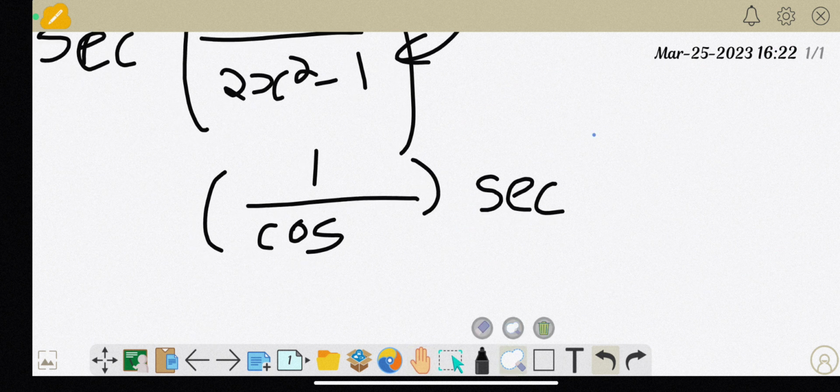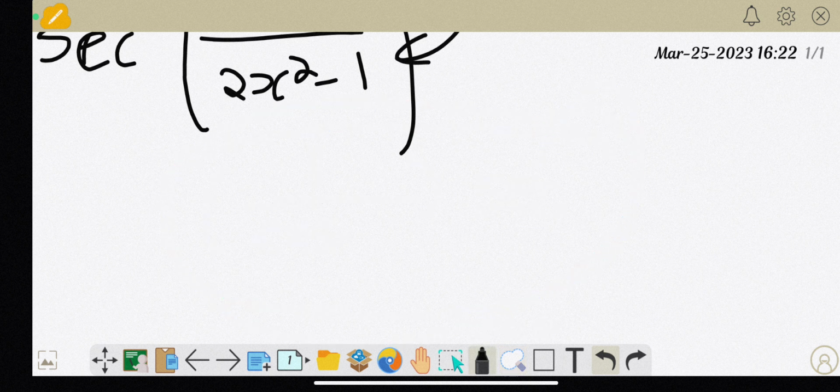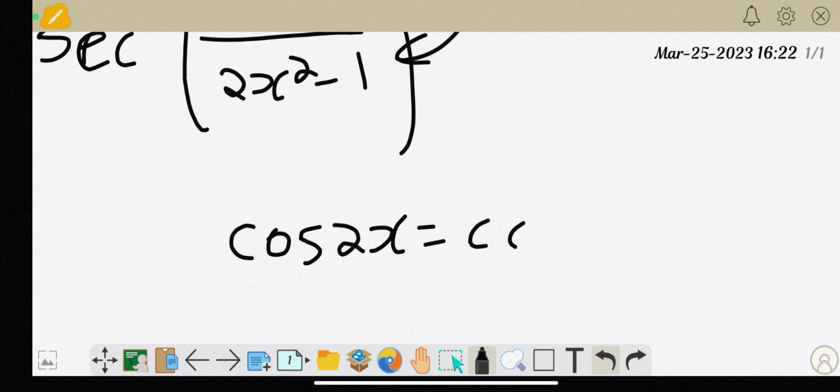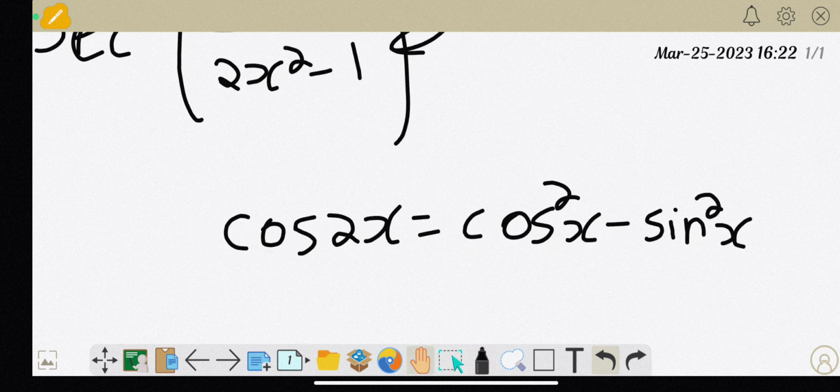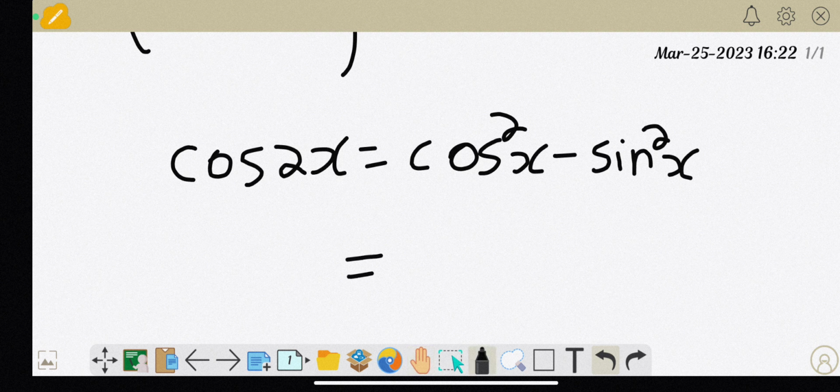Okay, so here what is the suitable substitution? We know the formula of cos 2x, correct? Cos 2x is equal to 1 minus 2 sin square x. So there are different forms of cos 2x, correct? I can write it in this way also, 2 cos square x minus 1.